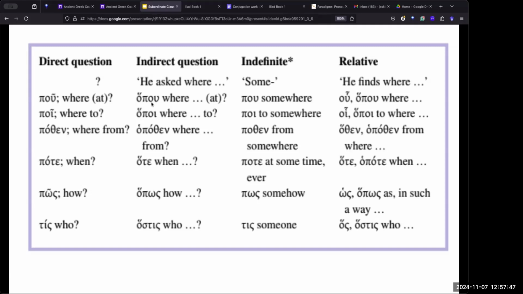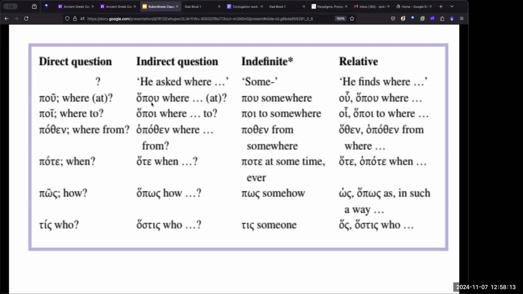And then pote, when, or hote, when, you'll see hote quite a bit. And then hote, at some time. And then hote and hopote, when, or precisely when. He came at the time when it was daylight or something like that, right?